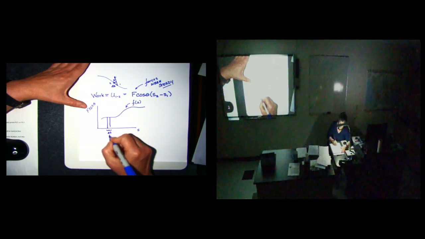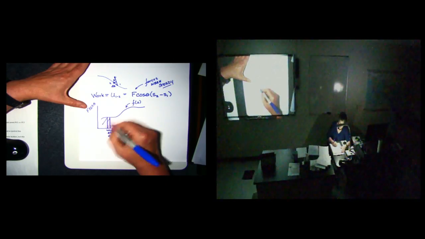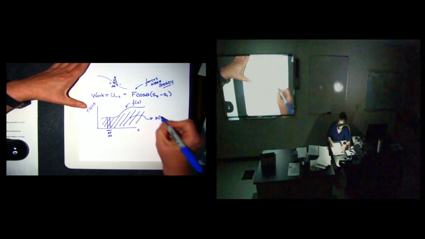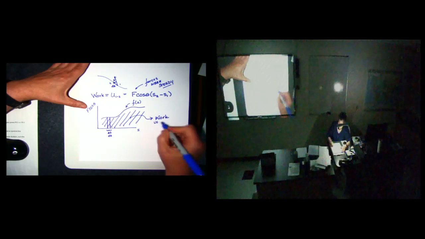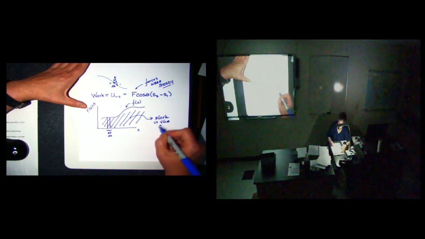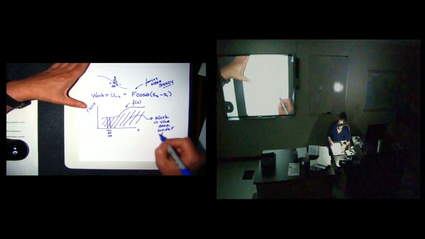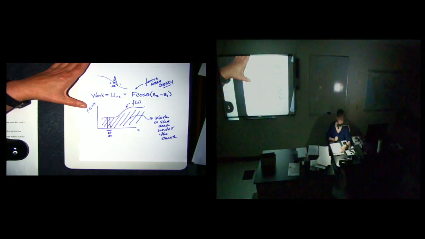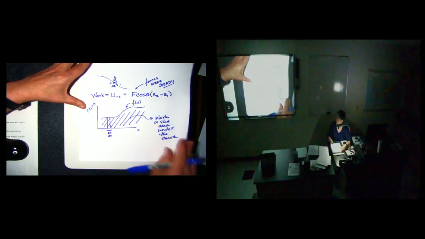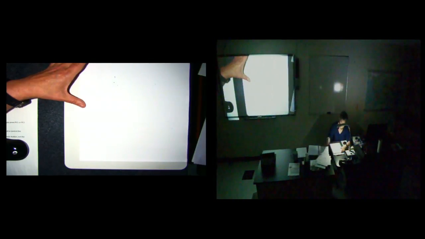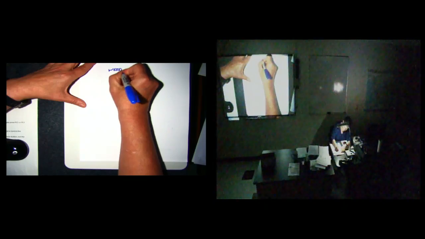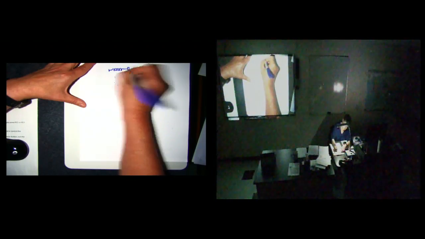And we plotted force versus x, right? We got a nice straight line. And we said that the work done by the spring was equal to 1/2 kx squared, which also was the potential energy of the spring.